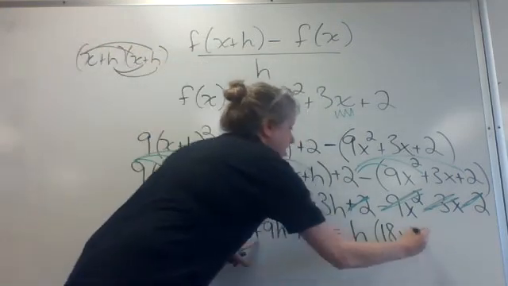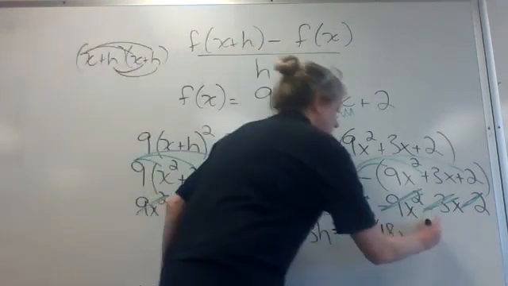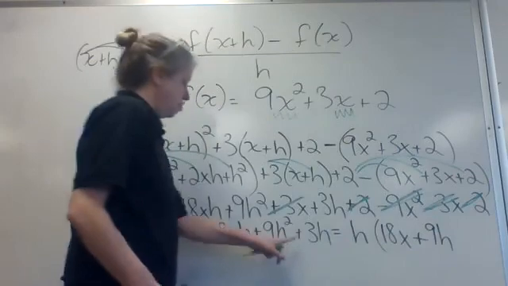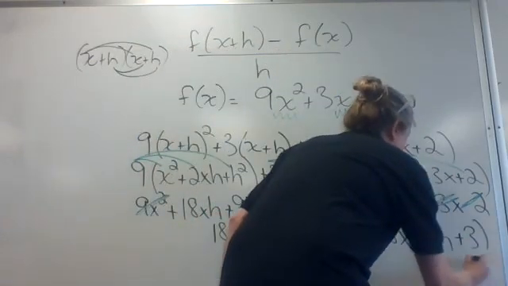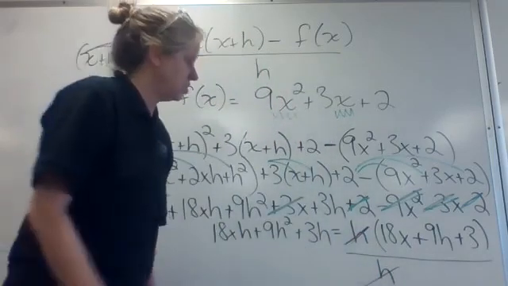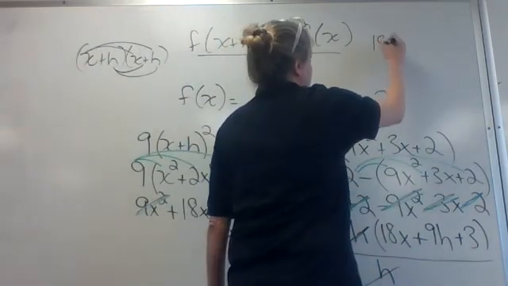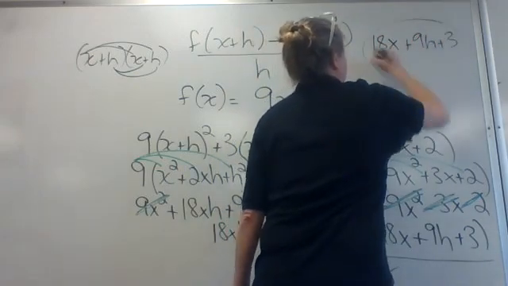Plus, if I take an h out of this term, I'll just be left with 9h. Plus, if I take the h out of this term, I just have plus 3. And since h is also the denominator, those cancel. So you're just left with 18x plus 9h plus 3.